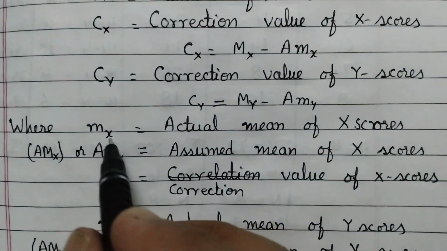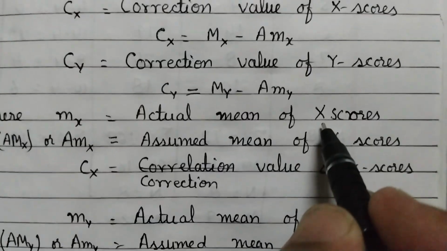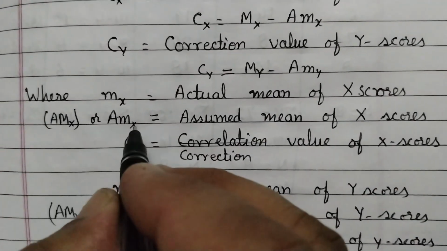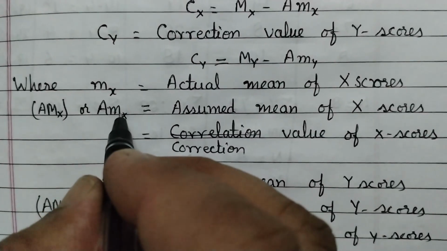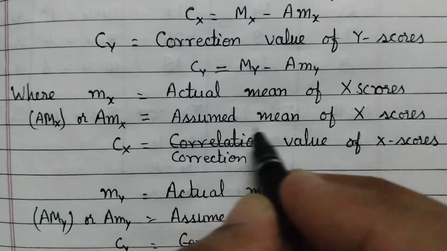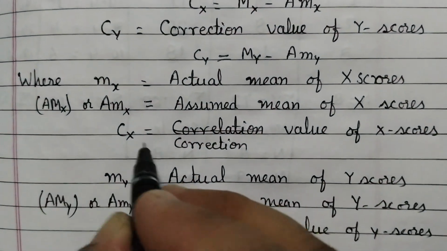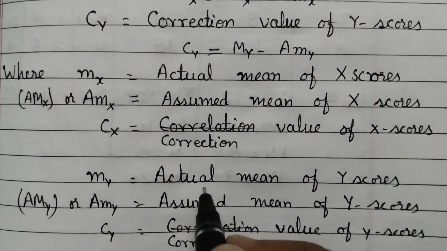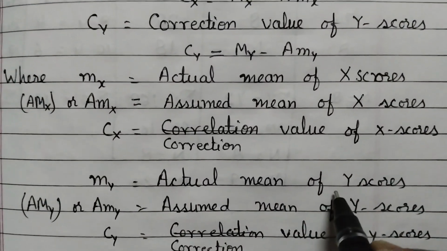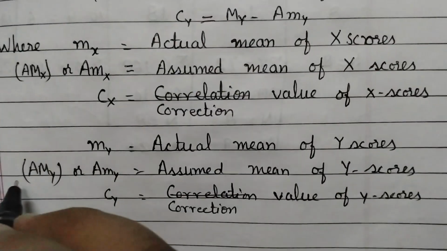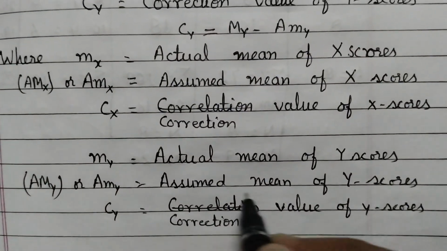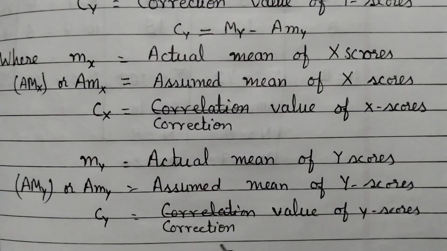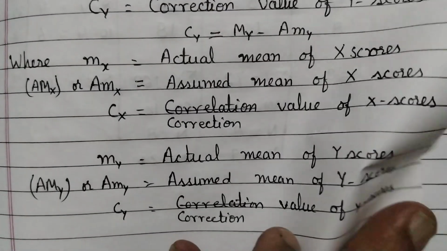Cy is equal to the correction value of y scores, calculated as my minus amy, where amy means assumed mean of y scores. mx is the actual mean of x scores, and amx is the assumed mean of x scores. Cx is called the correction value of x scores. my is called the actual mean of y scores, and amy is called the assumed mean of y scores. Cy is the correction value of y scores.